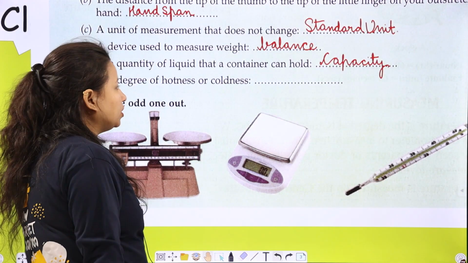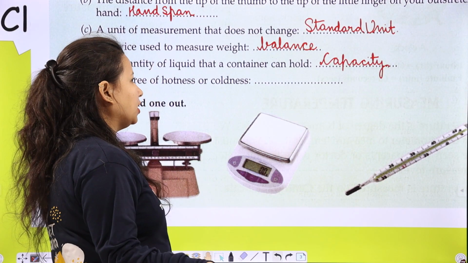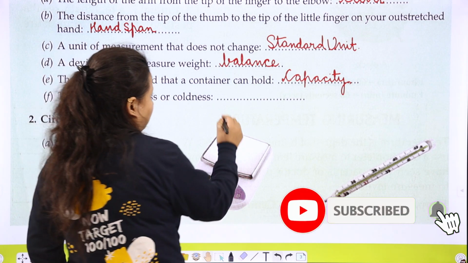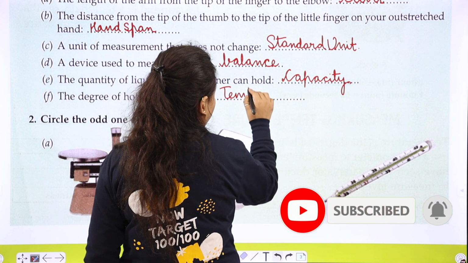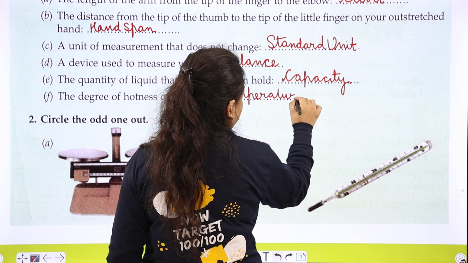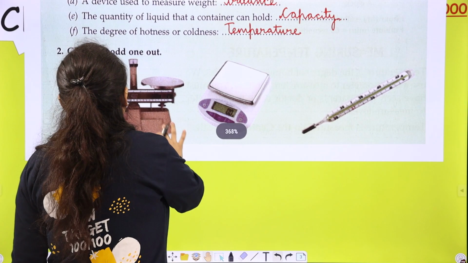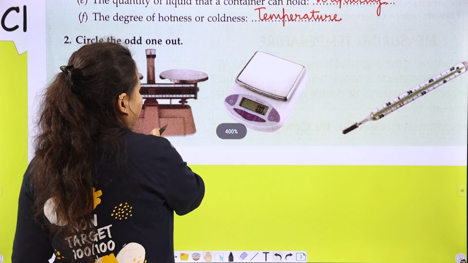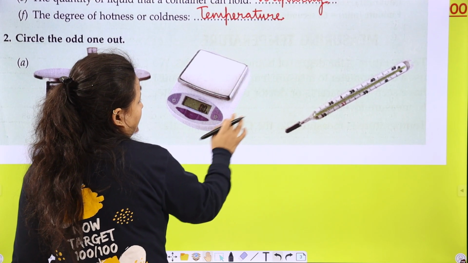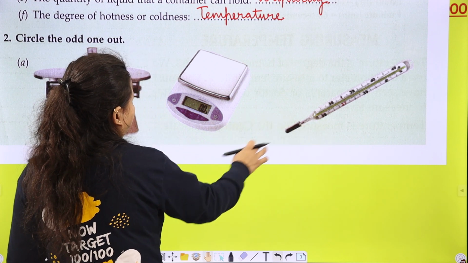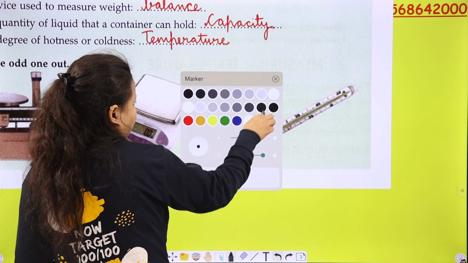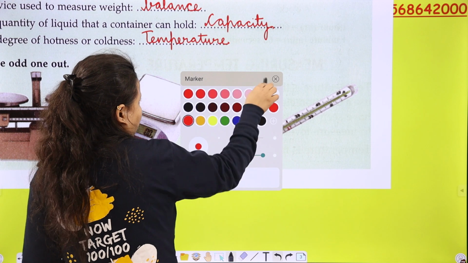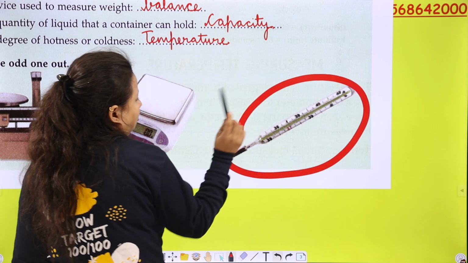Next is the degree of hotness and coldness. It is called temperature. Next is circle the odd one. This is common balance, this is electronic balance, and this is temperature. So this one is odd. So make a circle on it like this.